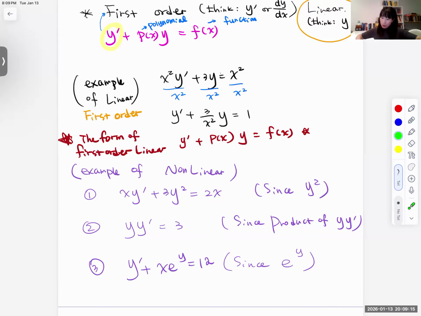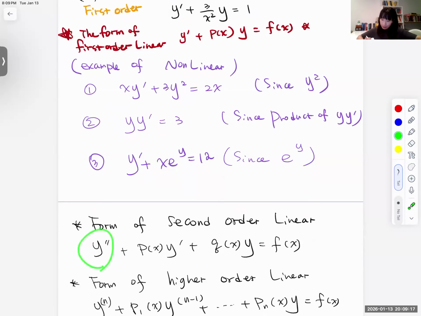Then we have y double prime, plus a polynomial p of x times y prime, plus a polynomial times y, equal to the given function f of x. So it reduces the degree each time: second prime, first prime, y equal to the function. Make sense to you?